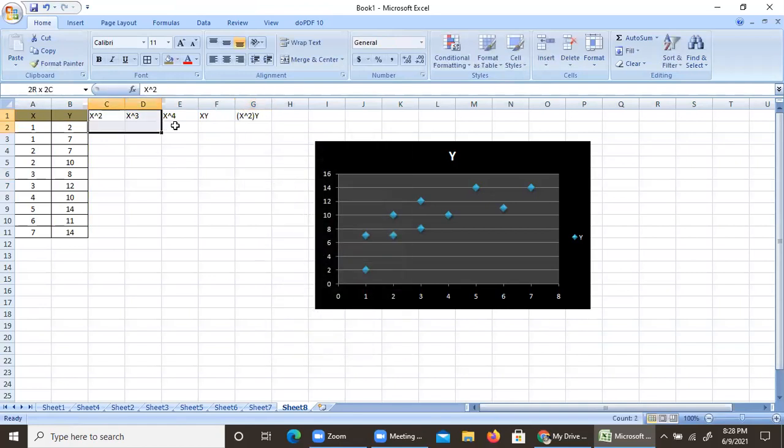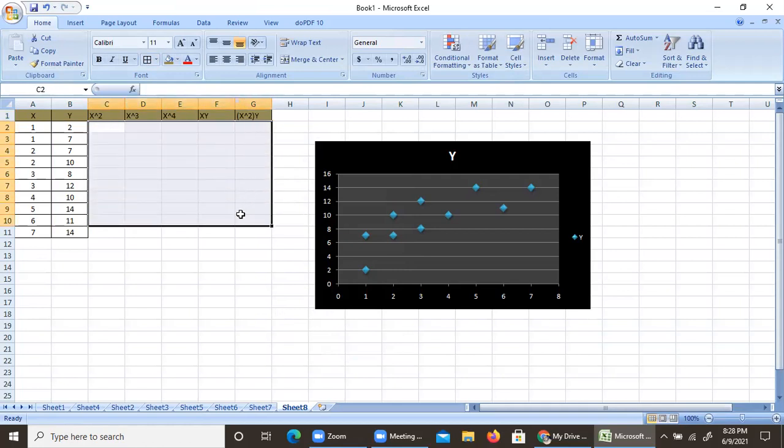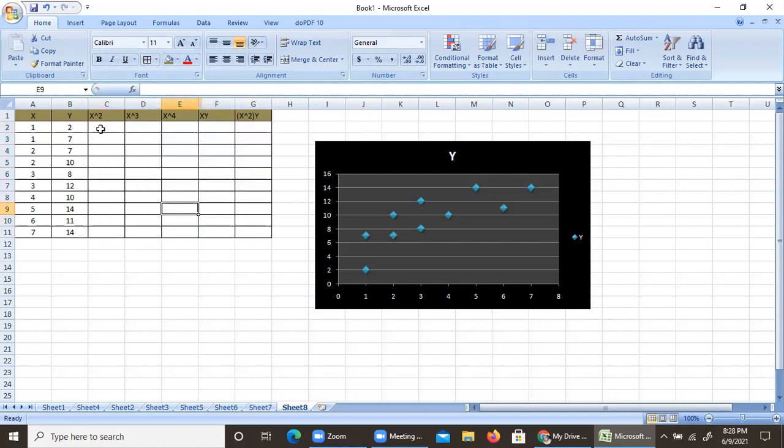This column will be the square of these terms.